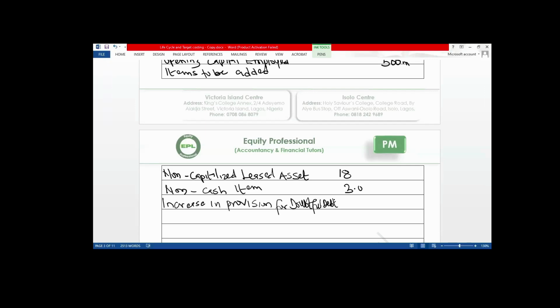Go and look at operating cost. It was 1.2, sir. Good. Now, the provision in the income statement is 1.2 while the provision in the statement of financial position is 2.5 million. That means there's increase in provision.